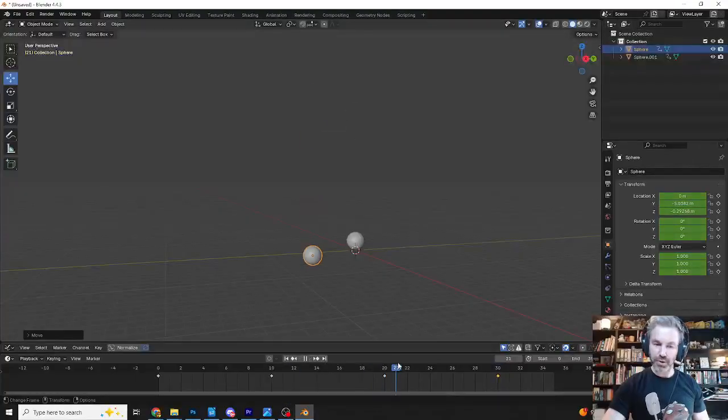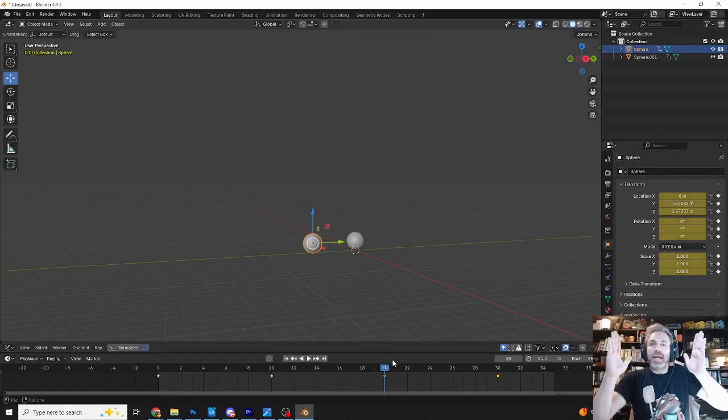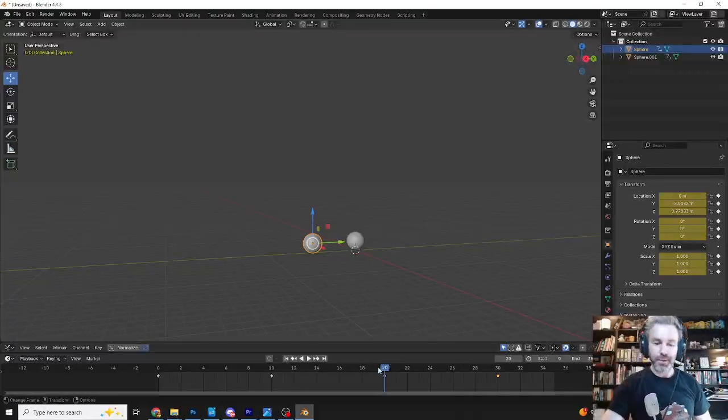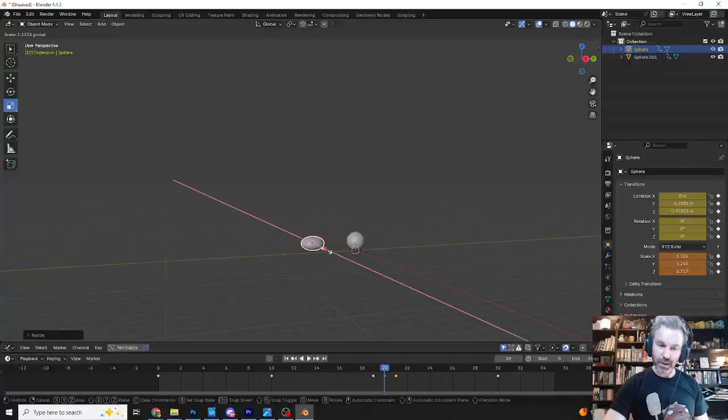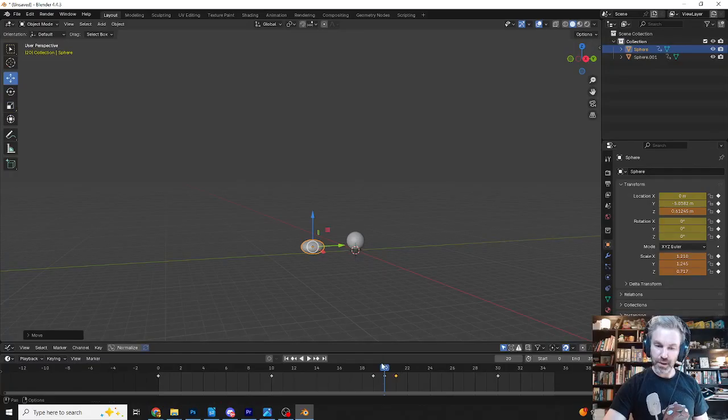So the ball goes down here. And when it hits the ground on frame 20, the idea is that it's going to squash, right? So what I'll do here is something like this. This is where it hits the ground. And so I would squash it out like this, so that when it hits the ground, it goes boom. Oh, I forgot to key it.